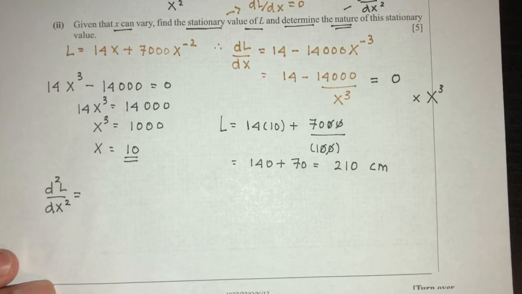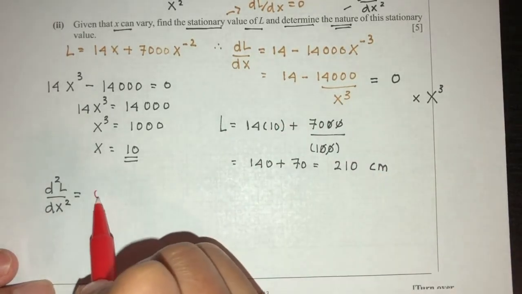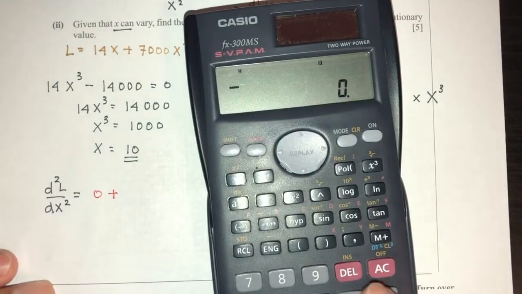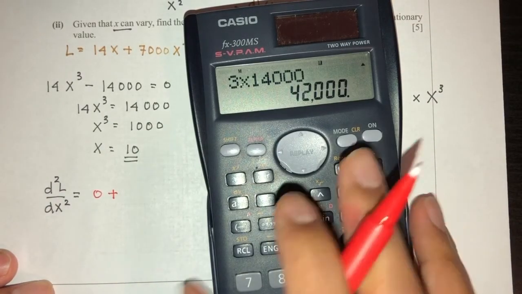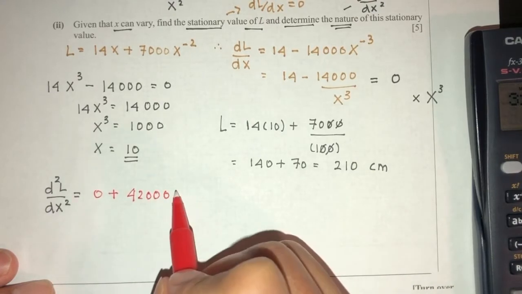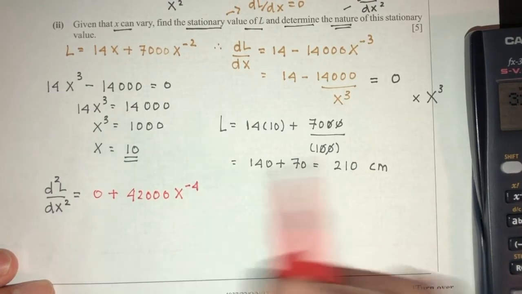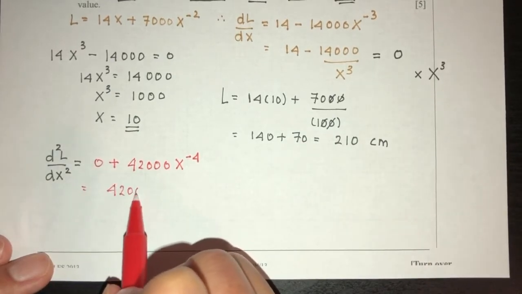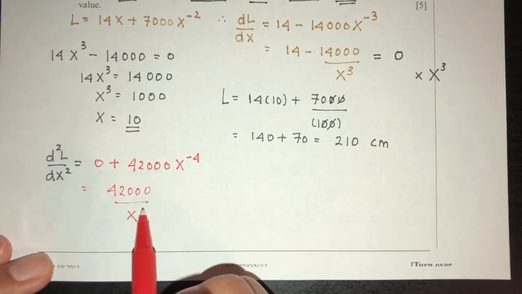That will give you, this will go away, so that will be 0. And that will become plus 3 times 14,000. That will be 42. And then we have x power minus 4. And your answer will be 42,000 over x power 4.